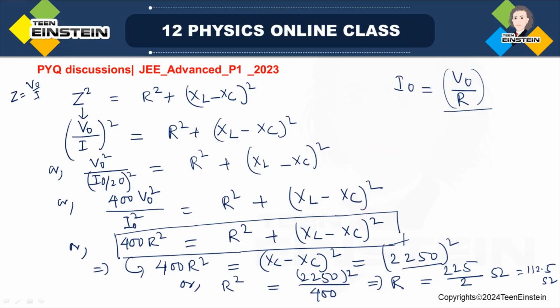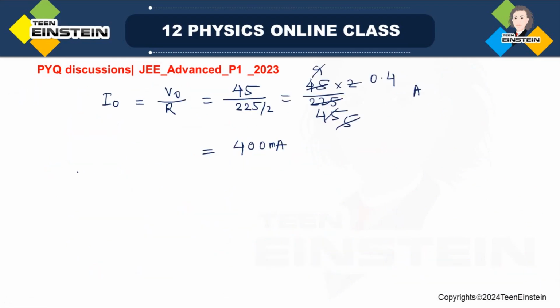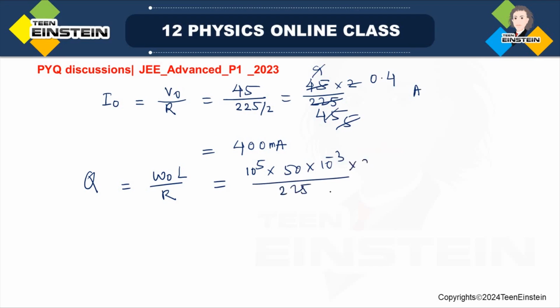Here you have to use the formula for quality factor, that is omega naught, the resonant frequency, into L divided by R. Omega naught is given as 10 to the power 5. L is 50 into 10 to the power minus 3, and R I will be writing as 225 divided by 2, so 2 I am writing in the numerator.